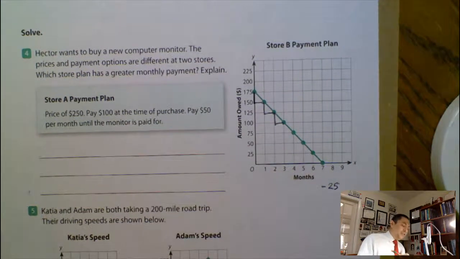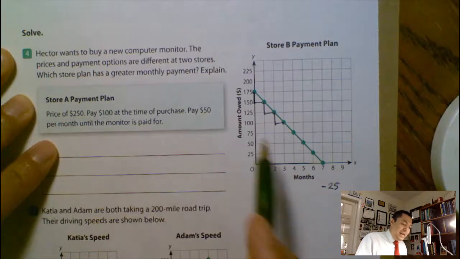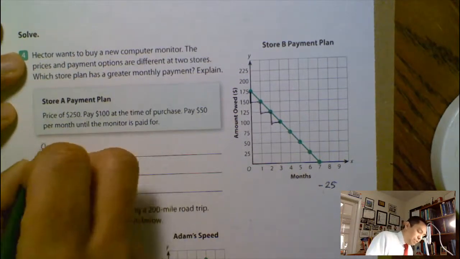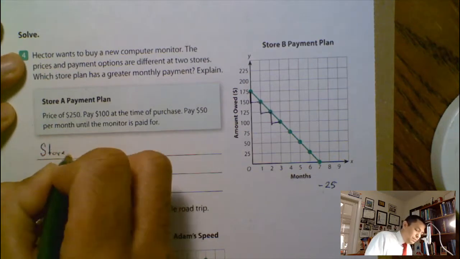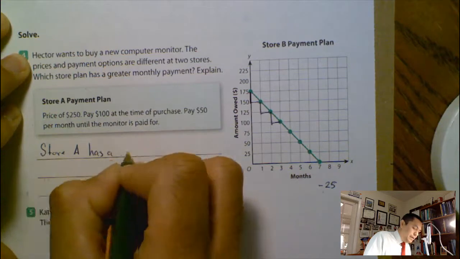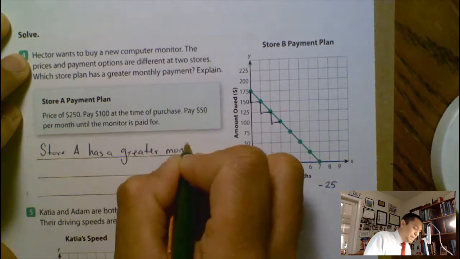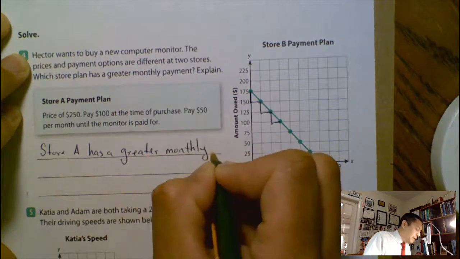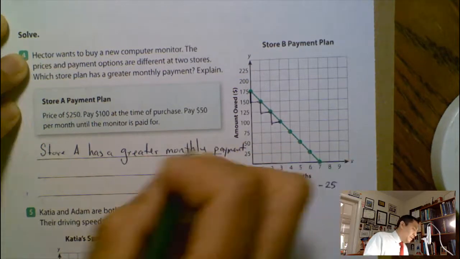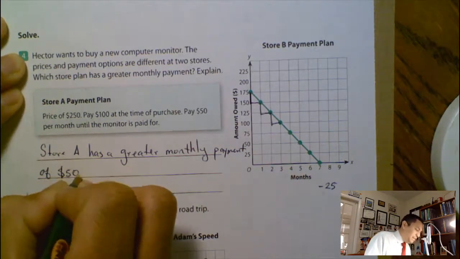Okay. So in this case, where is the payment? Here, 50. And here is 25. So in this case, we're going to say that store A has a greater monthly payment of $50.